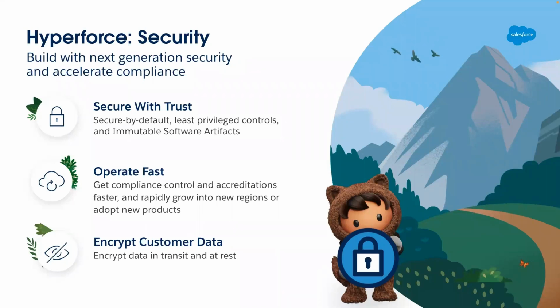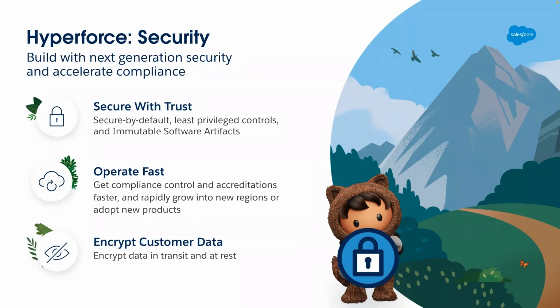Compliance is top of mind for our customers. We have already built and achieved many compliance models, which makes it easier and faster for customers to be compliant. We have standardized our approach to achieving compliance so we can help our customers achieve compliance faster.